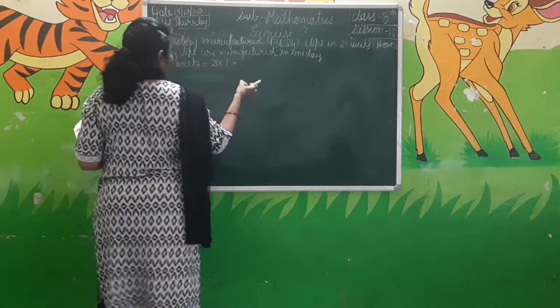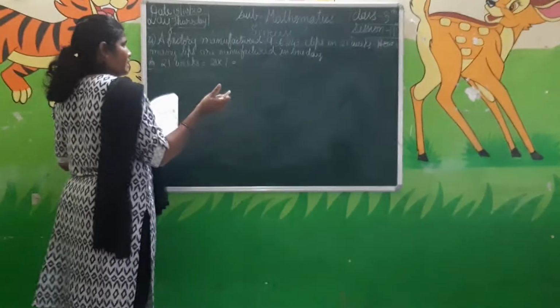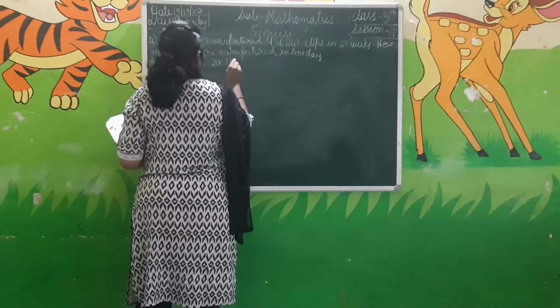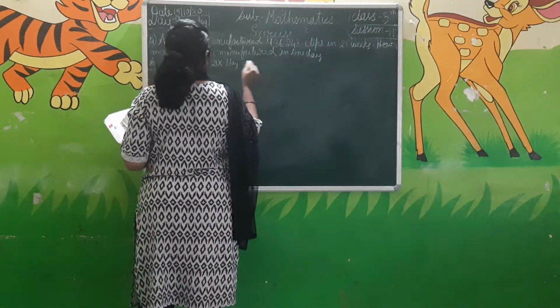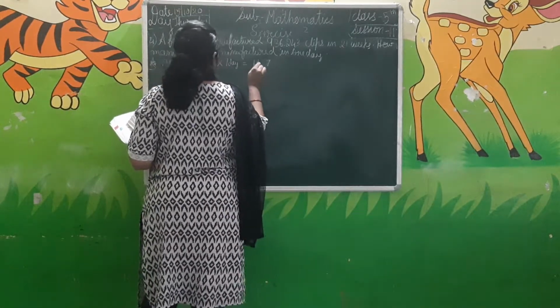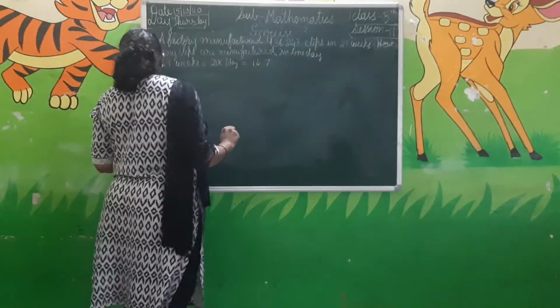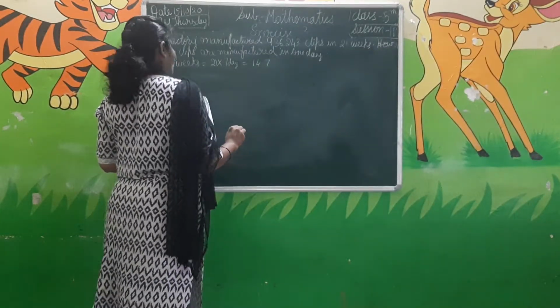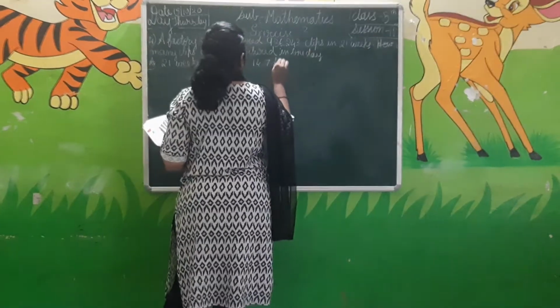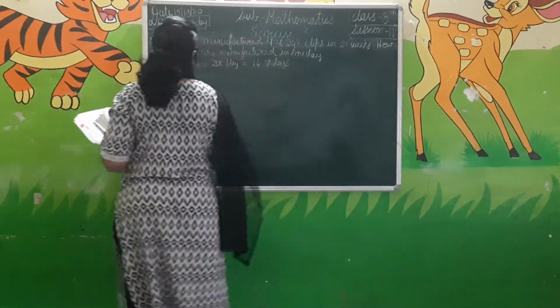There are 7 days: Sunday, Monday, Tuesday, Wednesday, Thursday, Friday and Saturday. So I have taken 7 days here. Multiply this one. There are how many days in 21 weeks? That is 147 days.